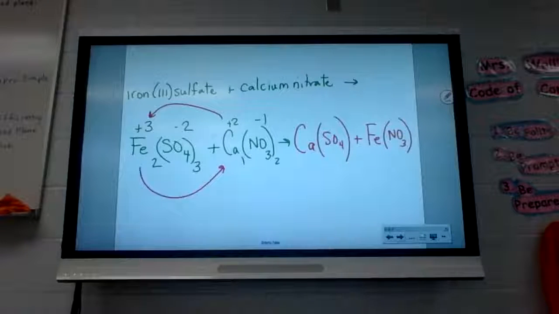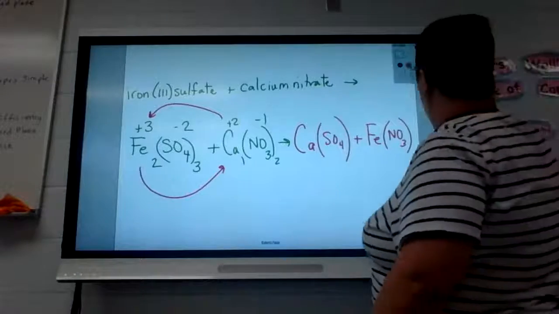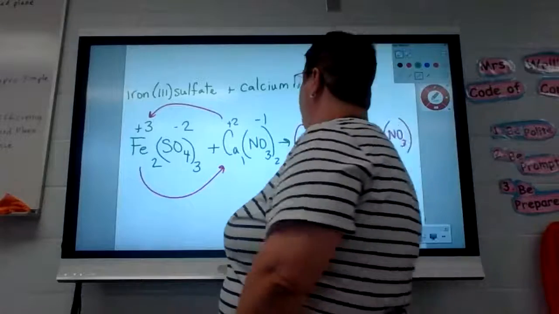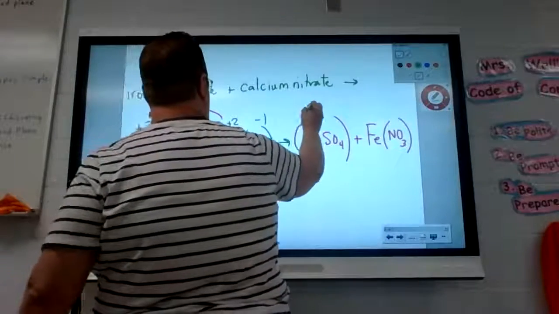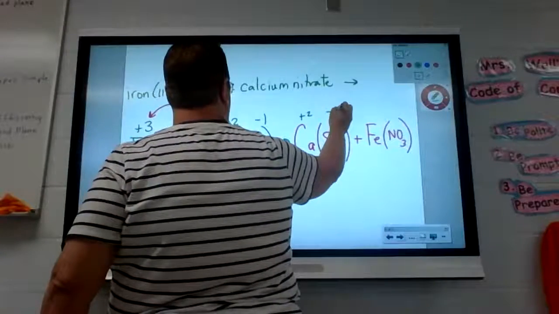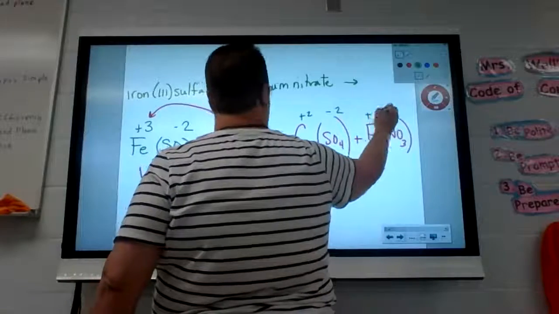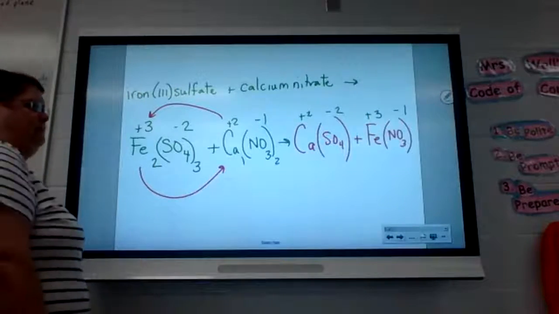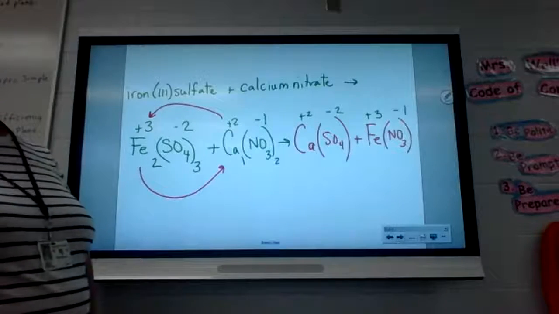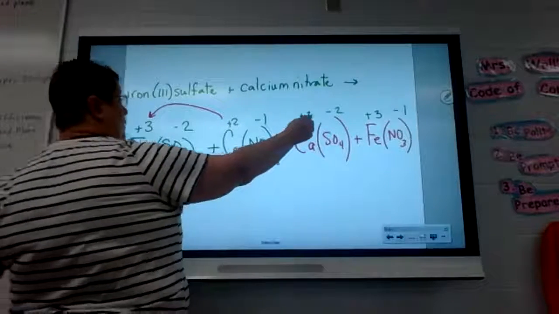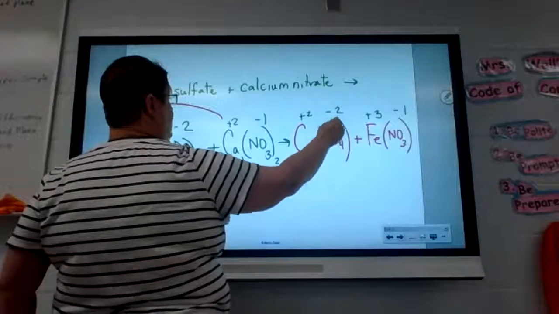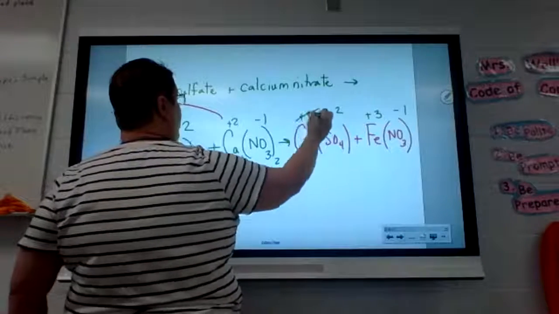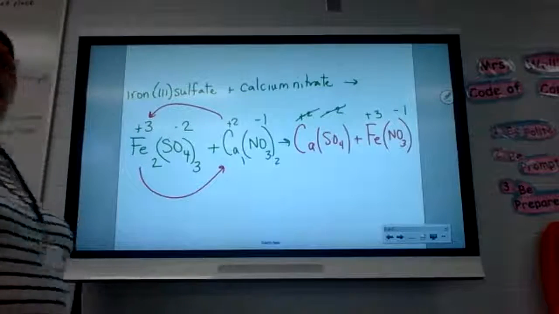Oxidation numbers. All right, so again, that's why I have them written right here, so it's easy for me to find them. So Ca is a +2, sulfate's a -2, iron's a +3, nitrate -1. So what's going to happen? Rewrite it. Okay. What's going to happen to these 2? They're going to cancel out. So what am I not going to do? Not put the things on. I'm not even going to bring them down, because if I bring them down, what's likely to happen?